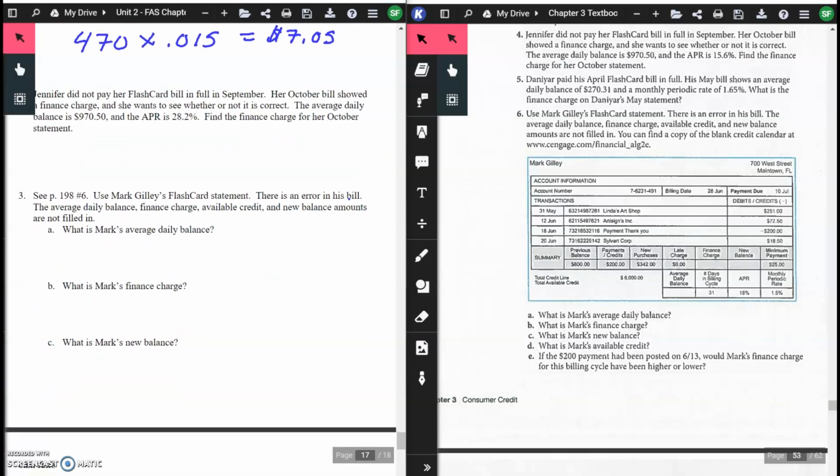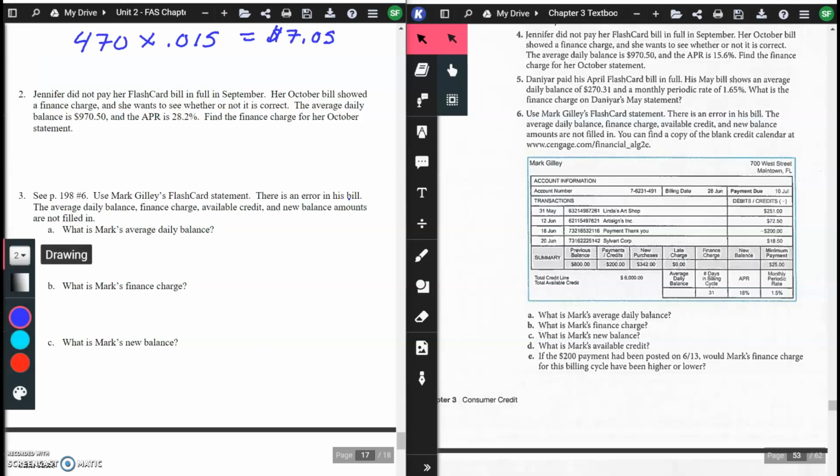Okay, question 2 says Jennifer did not pay her flashcard bill in full in September. Her October bill showed a finance charge and she wants to see whether or not it is correct. The average daily balance is $970.50. The APR is 28.2%. Find the finance charge for October statement. So first off, we have to take our 28.2 APR and divide that by 12 to find your monthly rate, which in this case is 2.35%.